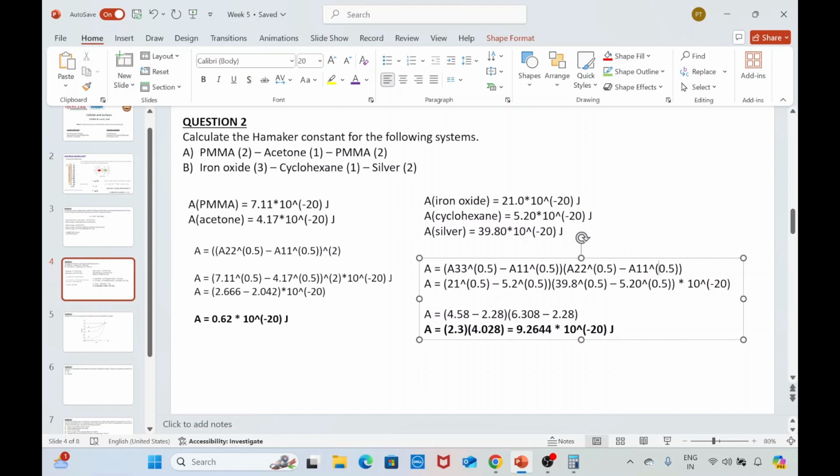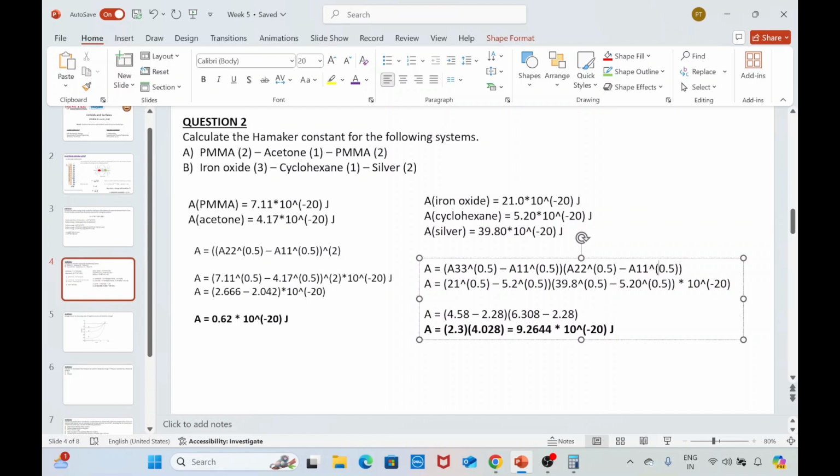So the question is, why do you think such a trend occurs? If you see for iron oxide or metals like silver, the Hamaker's constant is considerably high compared to polymers or the other solvents. Any thoughts or ideas on why this Hamaker's constant is greater for metals compared to the other materials?